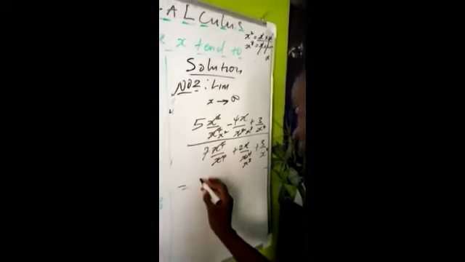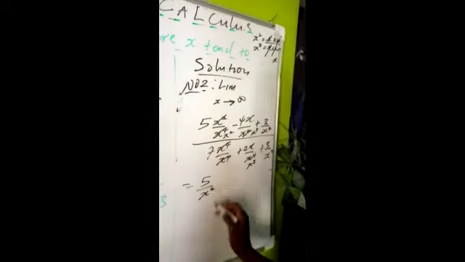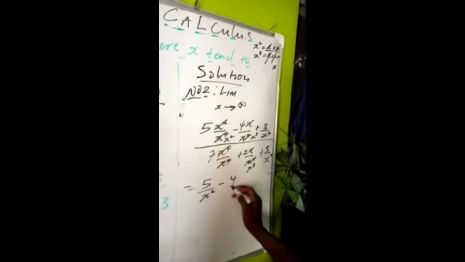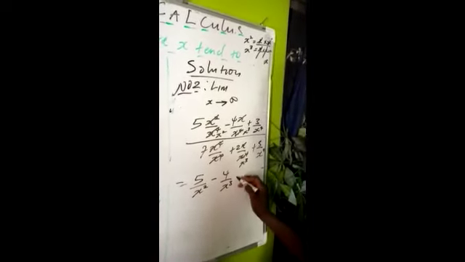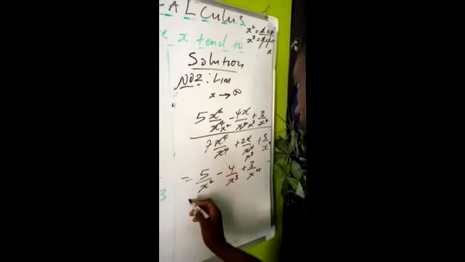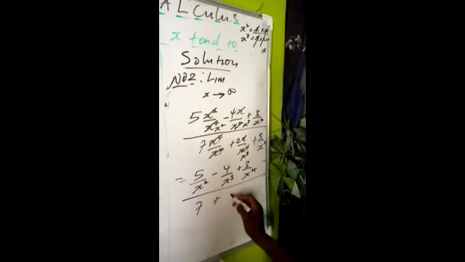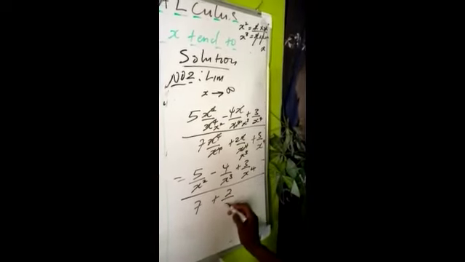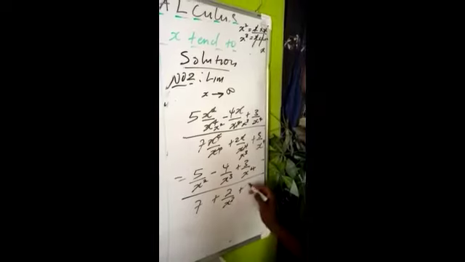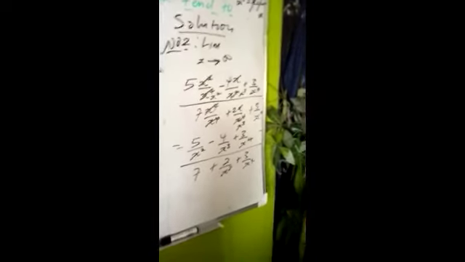The remaining function is 5 all over s square minus 4 all over s cube plus 3 all over s raised to power 4, then all divided by 7 plus 2 all over s cube plus 3 all over s raised to power 4. So this is the remaining question now. So let us complete it to get the answer.